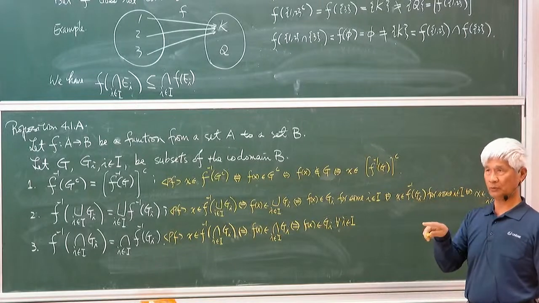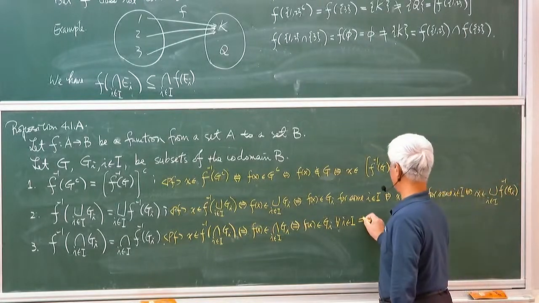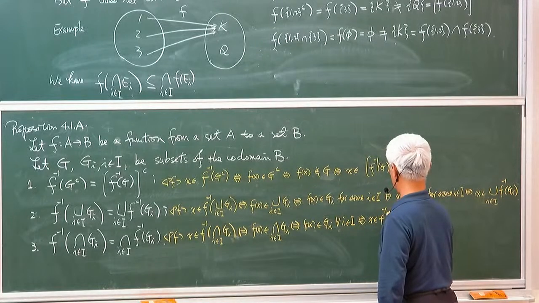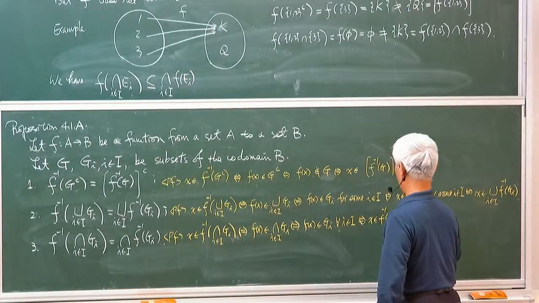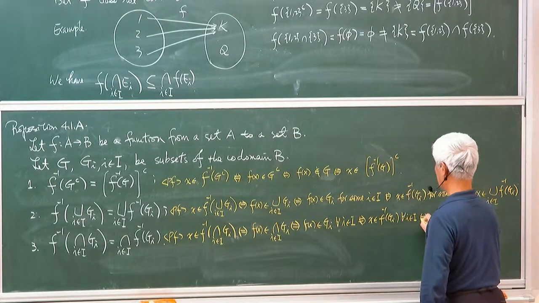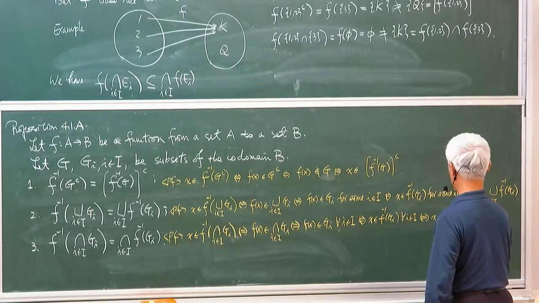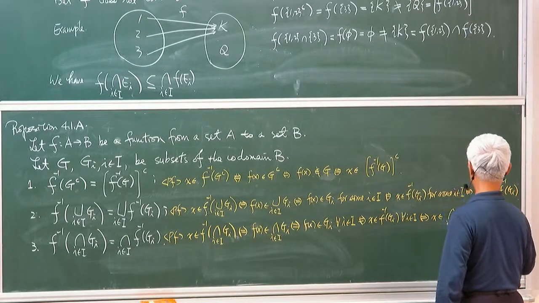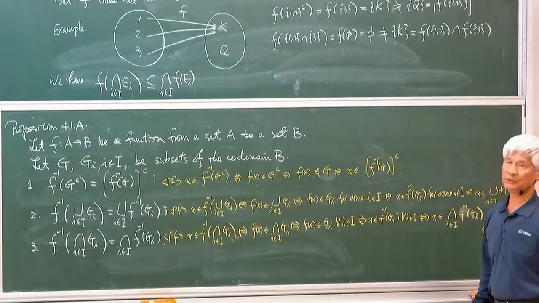Intersection means for all. Now, it means X is in the inverse mapping of GI for all I. So this means that X is in the intersection of the inverse mappings of GI. Okay, the end of the proof there.